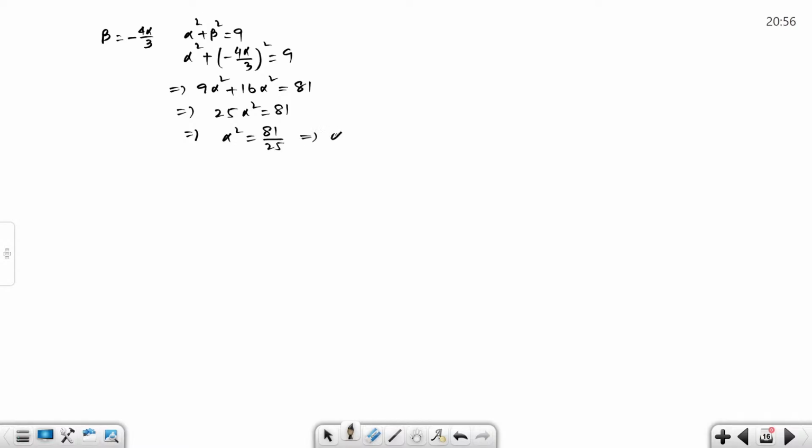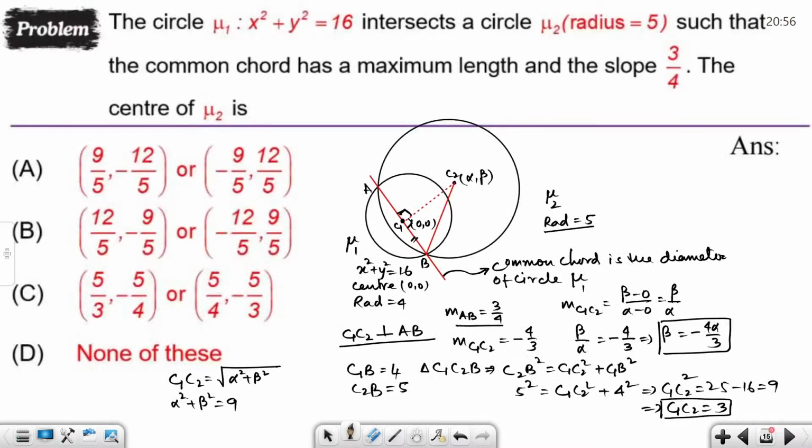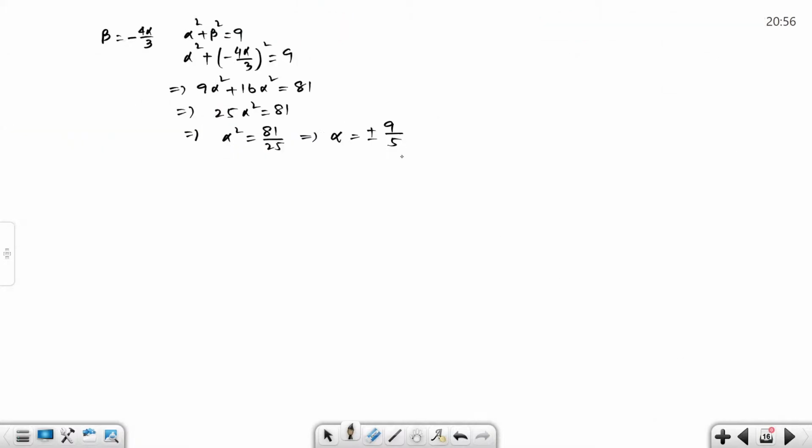From here we are getting alpha is plus minus 9 over 5, and your beta will be minus 4 alpha by 3, so we are basically getting minus plus, sorry, this is 3.